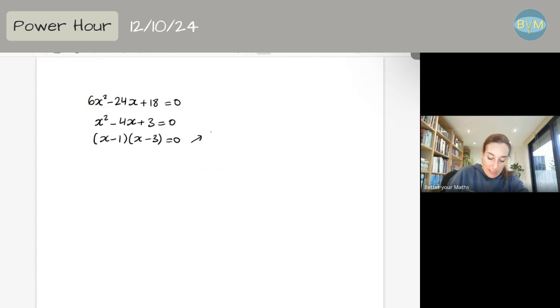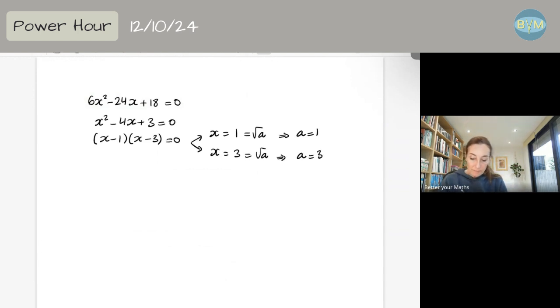So we have x equals 1 and x equals 3, but x was root a, remember? We changed it just because it's easier to work with x and x squared than with a and root a. So if root a is 1, that means that a can be 1, and if root a is 3, that means that a is 9.